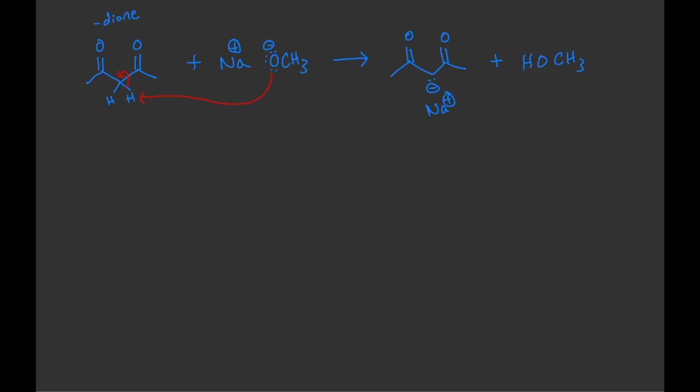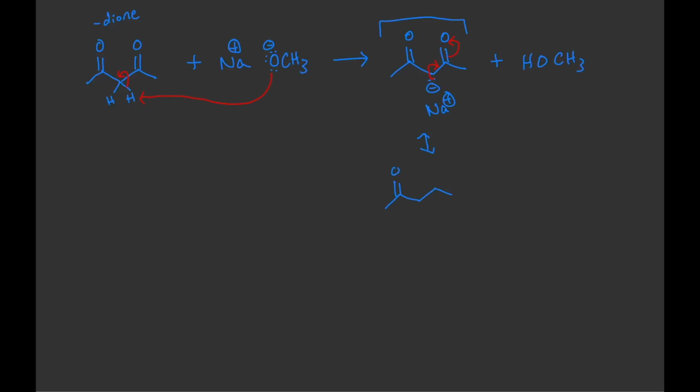So let's look at the resonance stabilization that we see here. For the resonance stabilization, we can push this lone pair up and form a carbon-carbon double bond, and we can push one of the carbonyl bonds up to the oxygen to form a negatively charged oxygen.